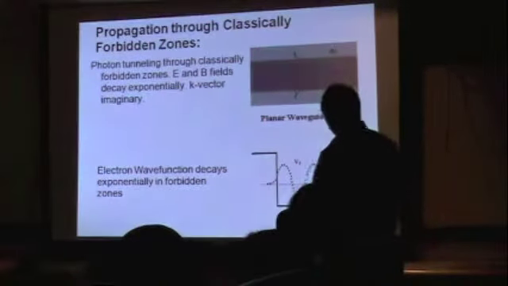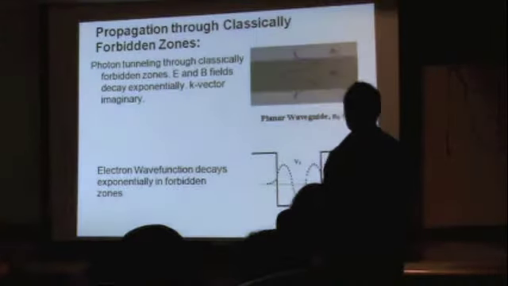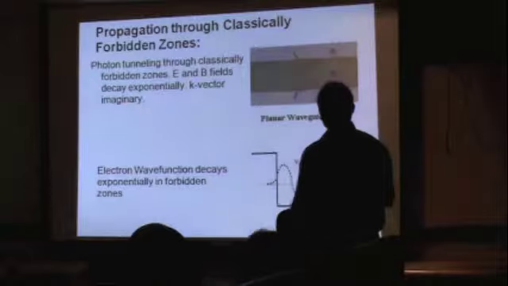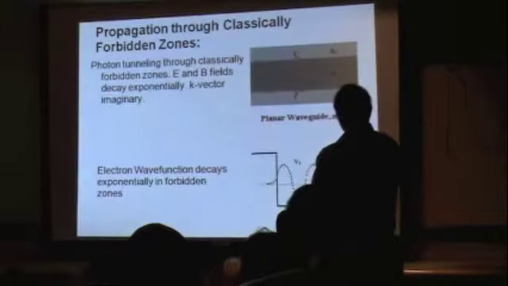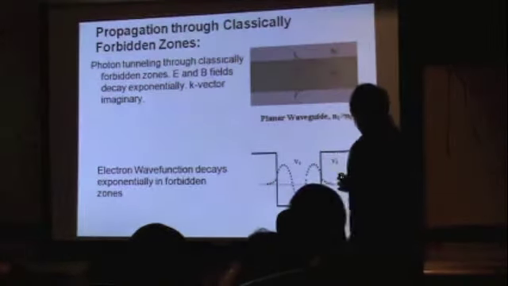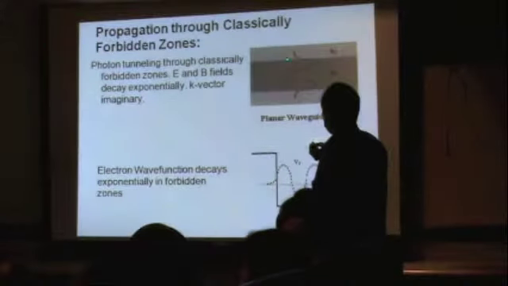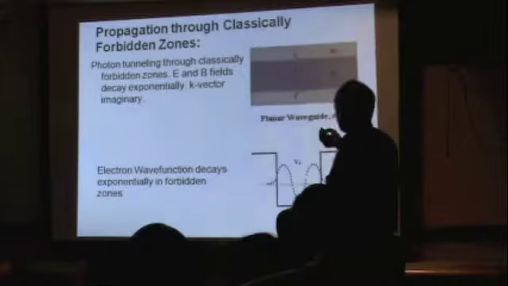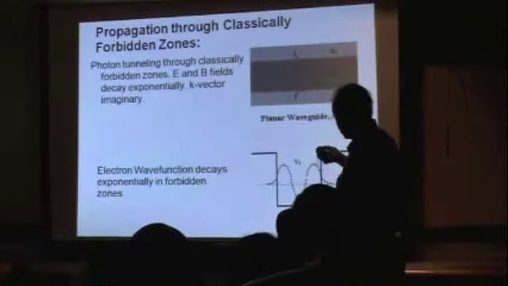So I want to show some similarities between photons and electrons. I don't know if you have read a little bit about optical fibers. What an optical fiber is, is that you have a medium of high refractive index surrounded by a low refractive index on either side.